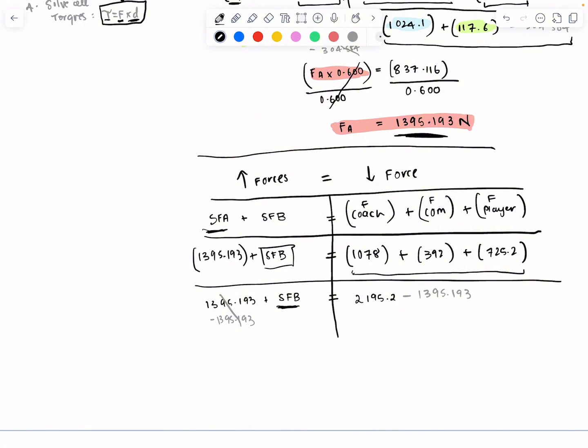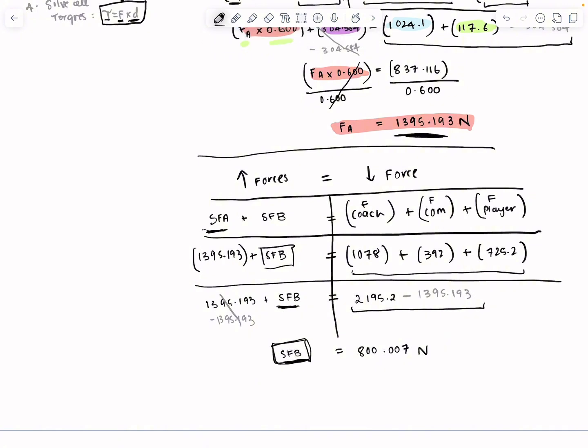So this equation now looks like support force B equals all of this. And if I enter that into my calculator, what I get is 800 newtons. So support force B has the value of 800 newtons.